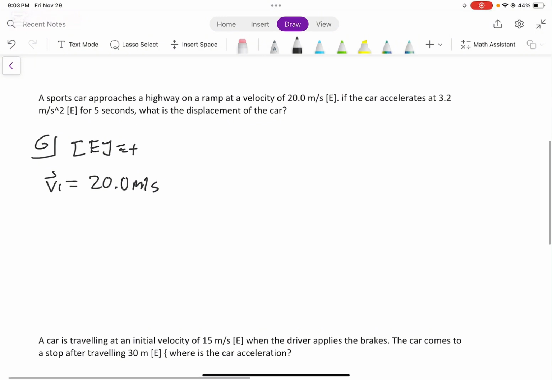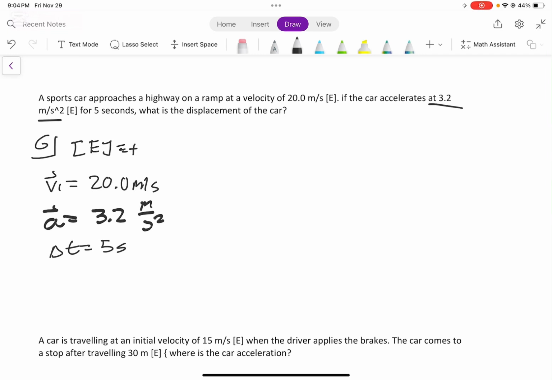It says if the car accelerates at, so acceleration is equal to 3.2 meters per second squared. So we know that the acceleration is that, and it says delta t is 5 seconds, right?